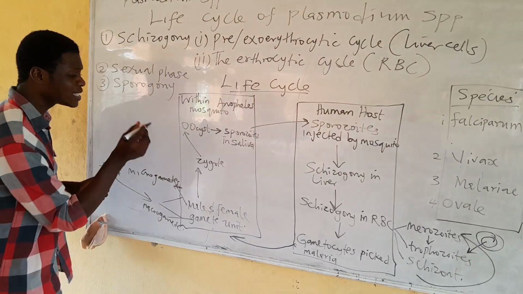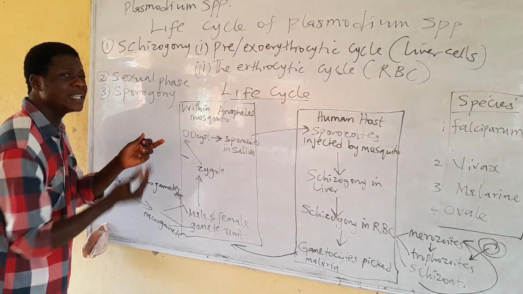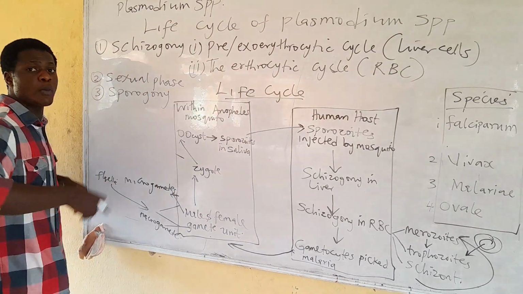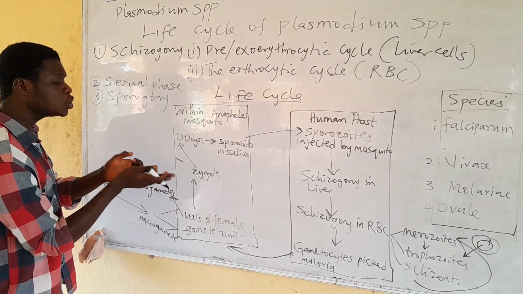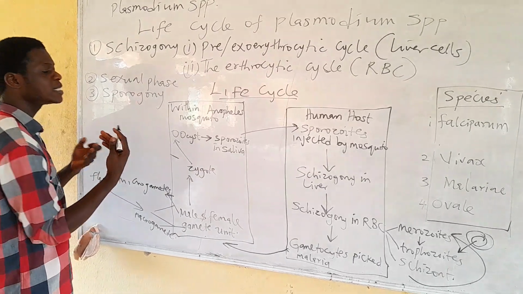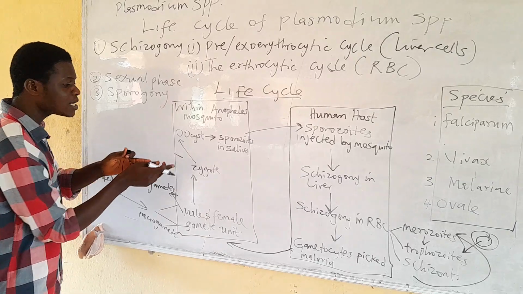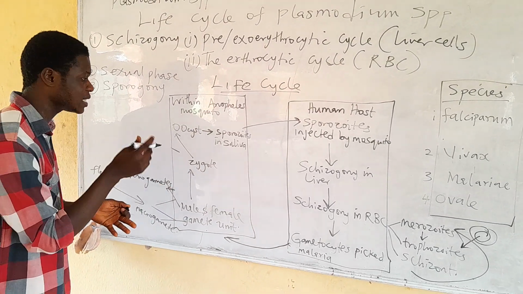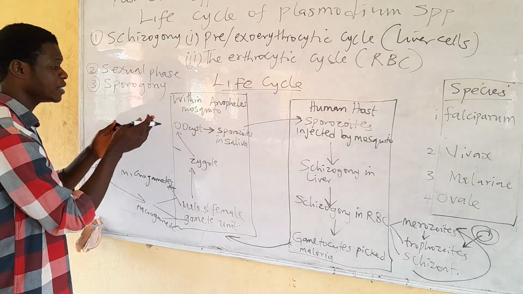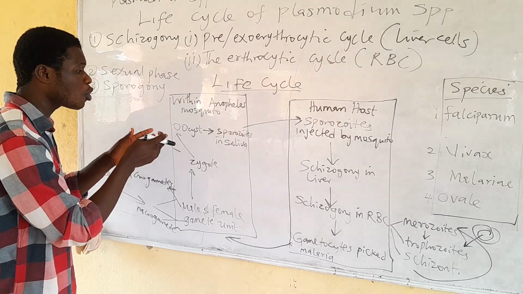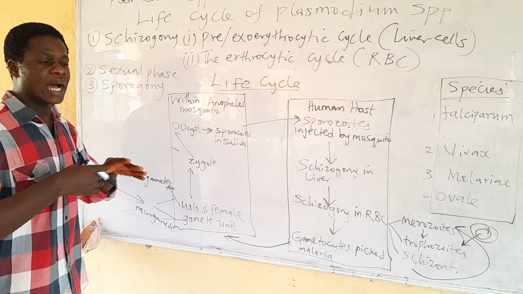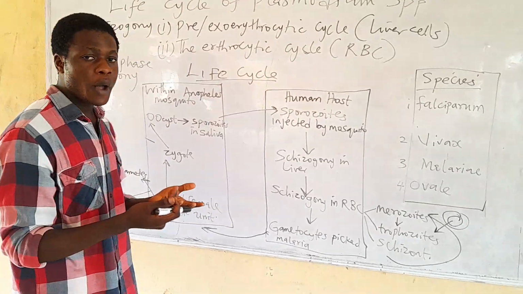The ookinete helps the zygote to penetrate into the stomach walls of the insect. When it penetrates the stomach walls of the insect, it forms what we call the oocyst. So where are oocysts formed?